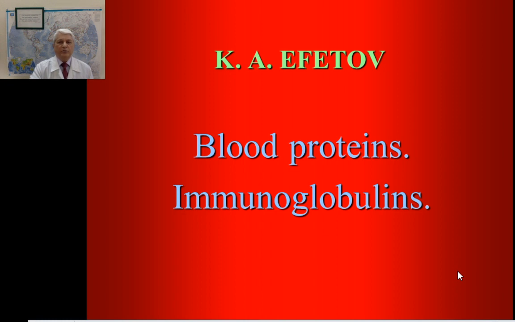Then we have alpha 1, alpha 2, beta and gamma globulins. The largest fractions of blood proteins are albumins and immunoglobulins. The latter are situated in the gamma globulin fraction.